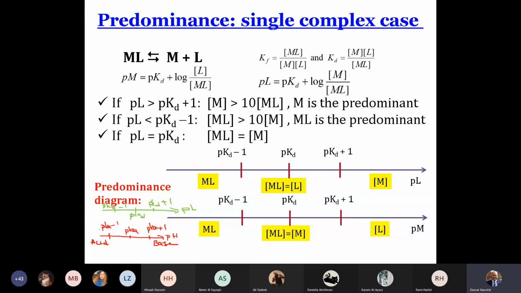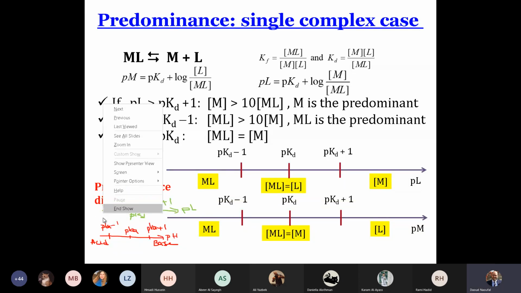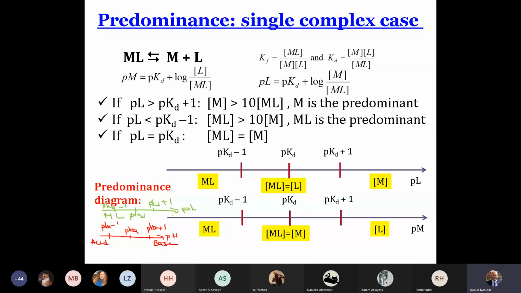If pH is less than pKa minus 1, so if pL is less than pKd minus 1, the acid predominates. The acid is donor, so the donor is ML. And here we have M. So on the scale of pL, when pL is less than pKd minus 1, the complex predominates. And if pL is greater than pKd plus 1, the M predominates.